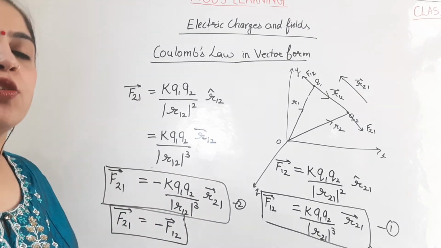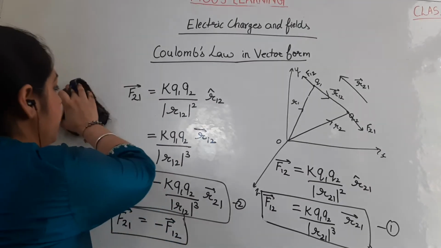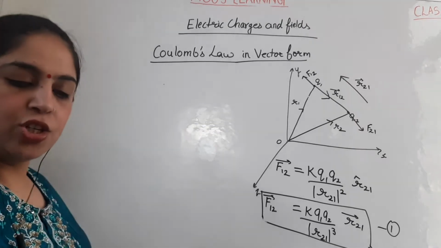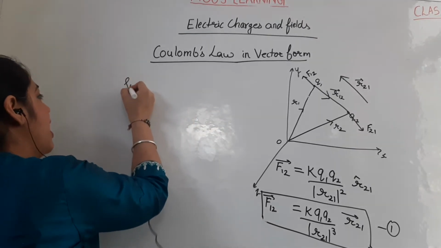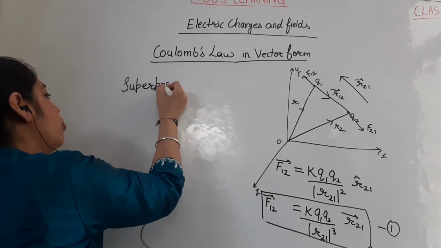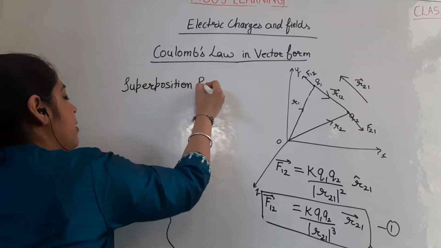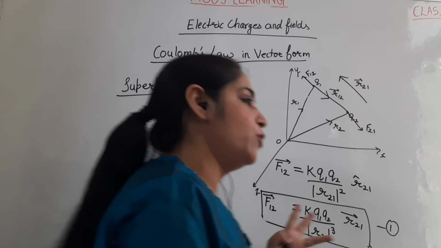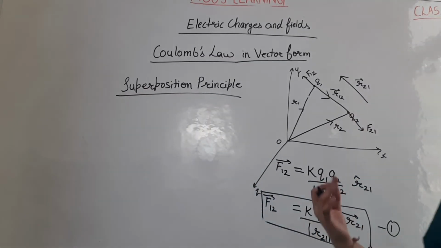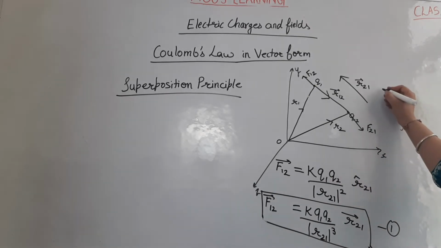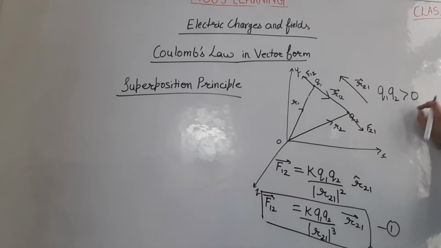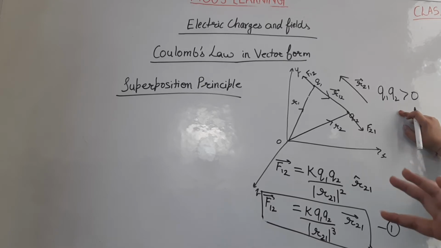Let's now move to the next one, that is the superposition principle. Initially, while starting with Coulomb's law, we considered only two charges. Now, there could be a situation where we have multiple charges. We have only considered two charges and looked at their force on each other, and we have also observed that if Q1 into Q2 is greater than 0, it means both the charges are either positive or both are negative.